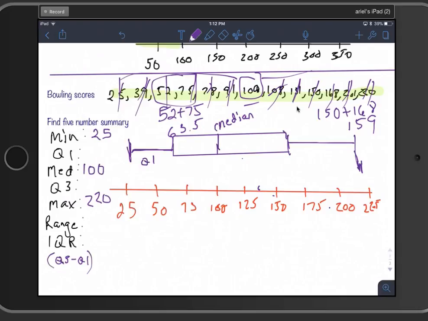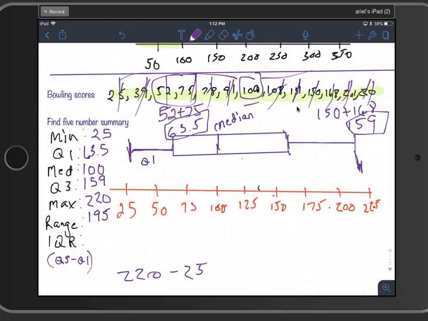Our range is all the way from our data points, so our last one is 220 minus 25, which is 195. Our Q1 is going to be this 63.5, and the Q3 is going to be the 159.